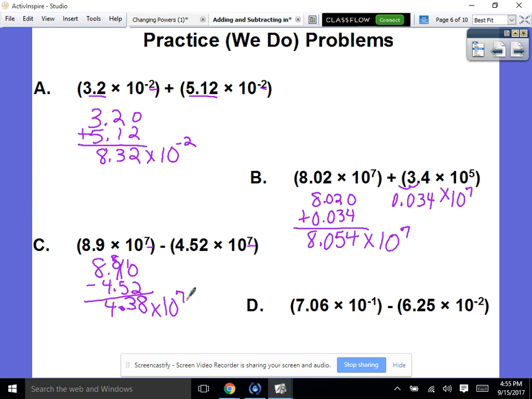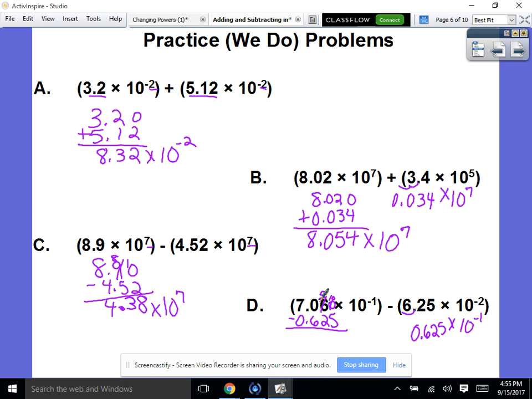We're going to change the smaller exponent. So we're going to change this one to negative 1, make it 1 bigger, which means we have to make that 1 smaller. So now we can just do minus 0.625. That would be 10.